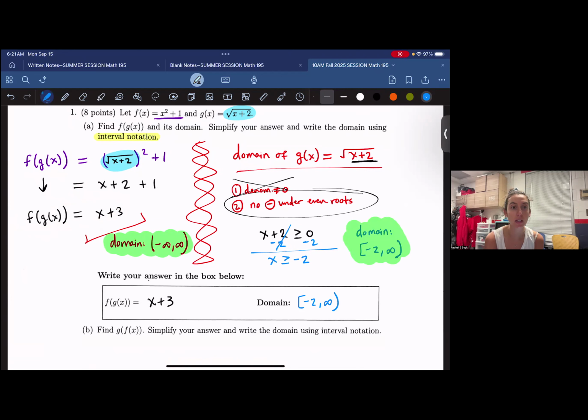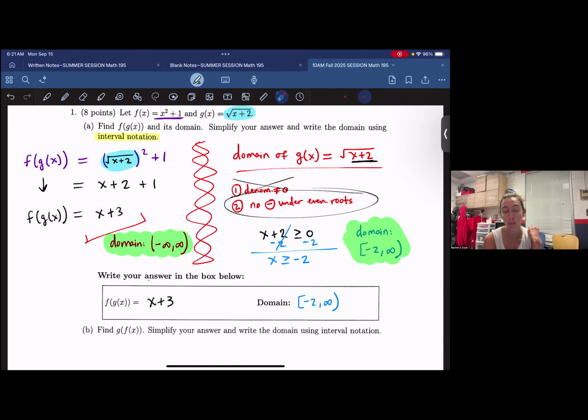It's really, really important that you identify that input domain, because if you don't, then you'll end up choosing values that could possibly not be part of the domain. And I know a lot of students are like, I don't understand. Why don't you just find the composition and look at that domain? Because technically we are just looking at x plus 3 when you compose it.